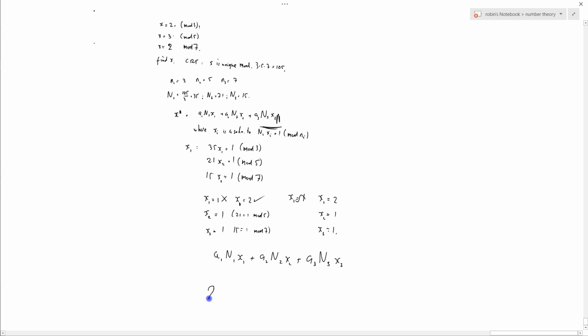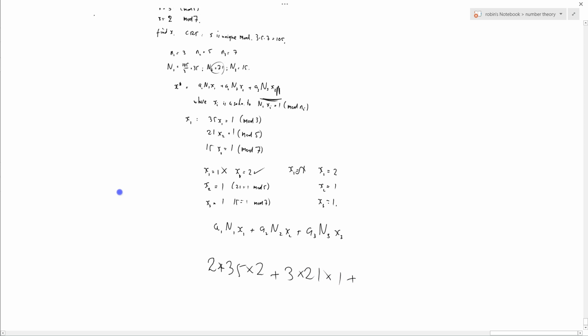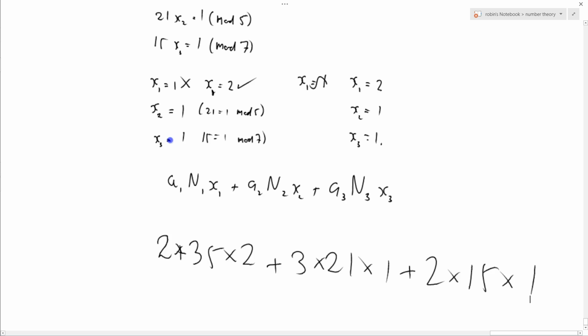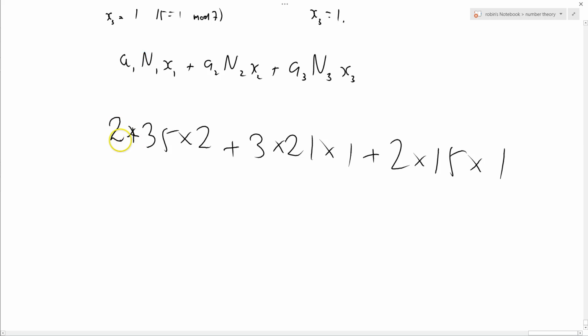So it's 2 times N1, which was 35, times 2 for the x1 there, plus a2 from up here was equal to 3 times capital N2, which was 21 from here, times x2, which was 1, plus a3, which was equal to 2 times capital N3, which was 15, times x3, which was equal to 1. Well, that's our solution.